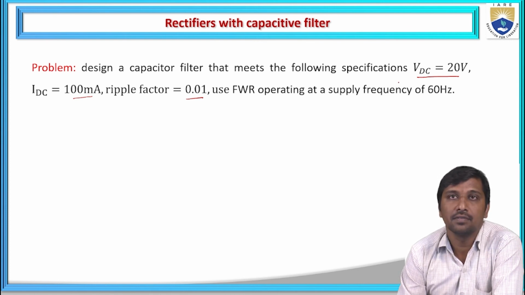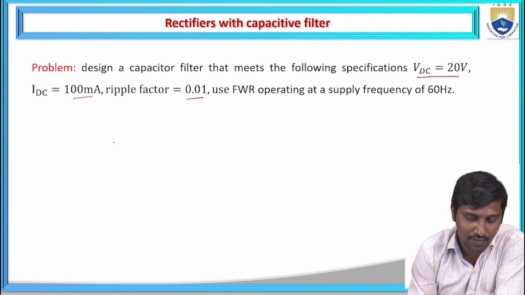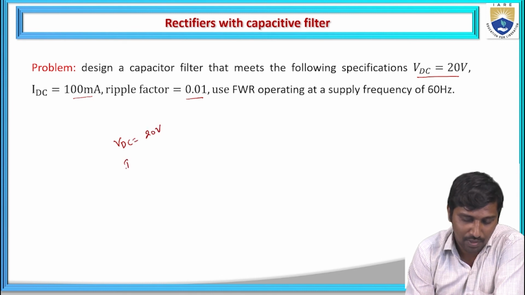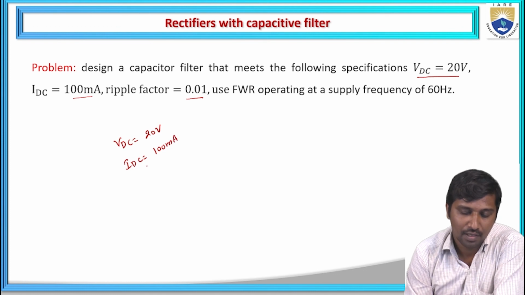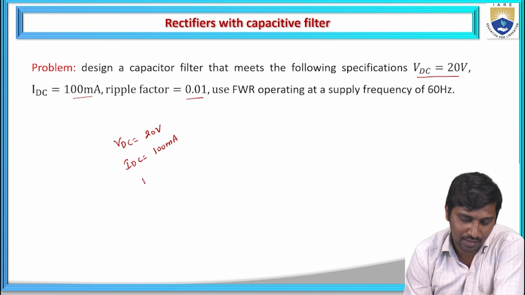So we need to design a capacitor filter for the given specifications. VDC is 20 volts, IDC value is 100 milliamperes, and the ripple factor is 0.01.